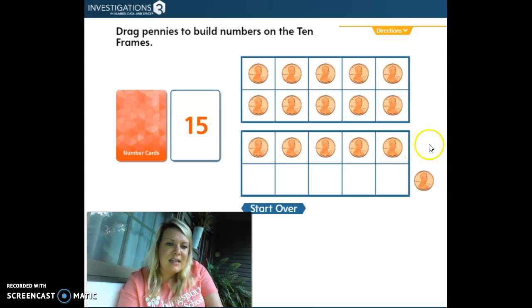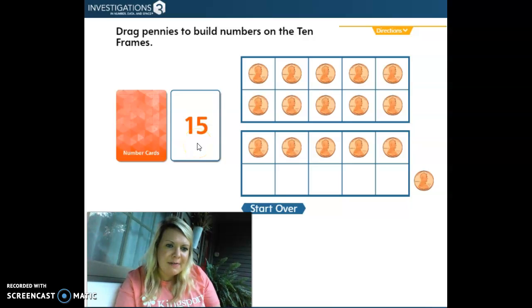I got to the number 15. Did my number 15 fill up 2 10 frames? It didn't. It filled up one whole 10 frame and then one row of the next 10 frame. Wow, that is the number 15.